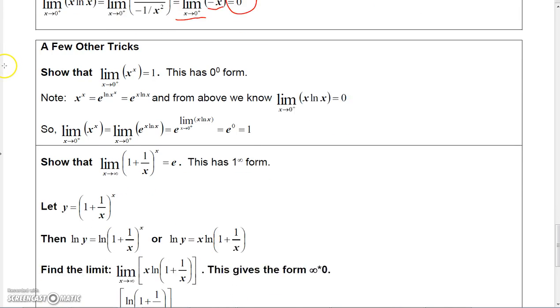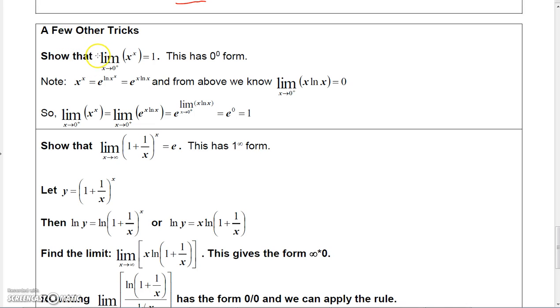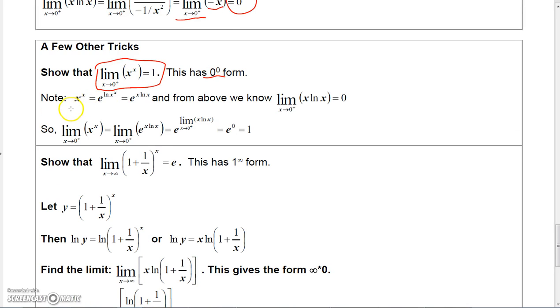There's a couple of other tricks I can show you. This limit, the limit of x to the x, is actually the form 0 to the 0. So what we can do is write x to the x as e to the natural log of x to the x, which is the same as e to the x times the natural log of x. Now, from the previous problem, we know that the limit of x natural log of x is 0.